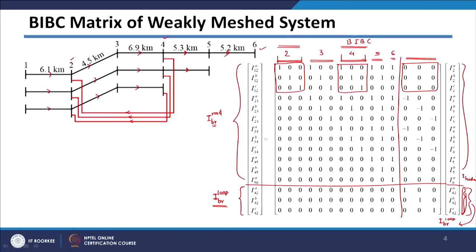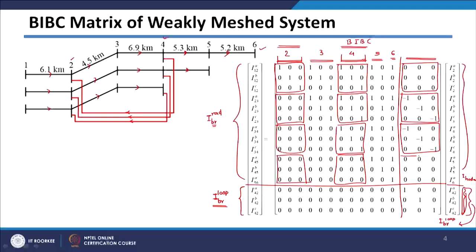If you subtract this block from this block, it will be minus 1 minus 1 minus 1, so a block of minus 1 comes. Similarly, if you subtract this block from this block, it will again be minus 1, so you have this minus 1 here. And if you subtract this block from this block, it will be 0 0 0, so it is 0 here.